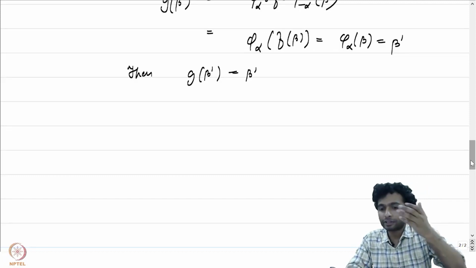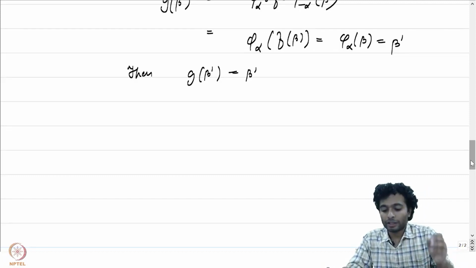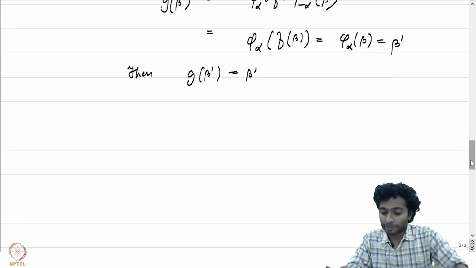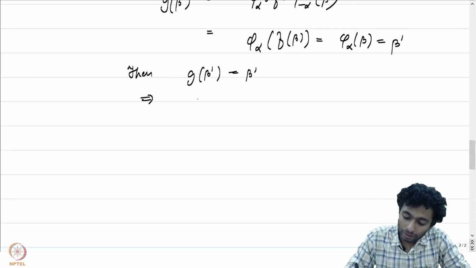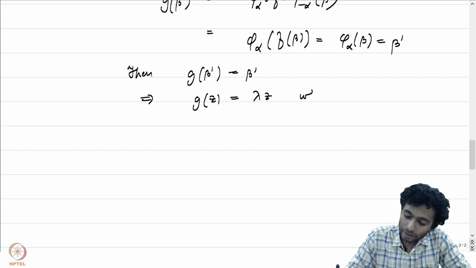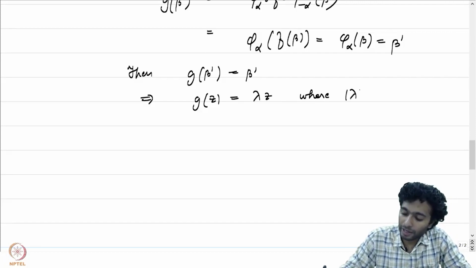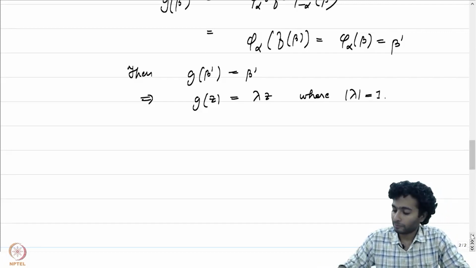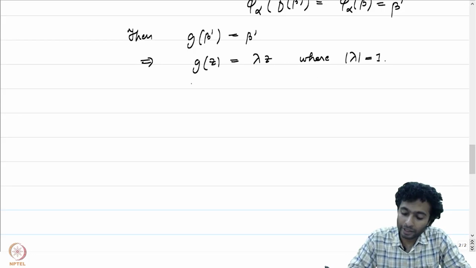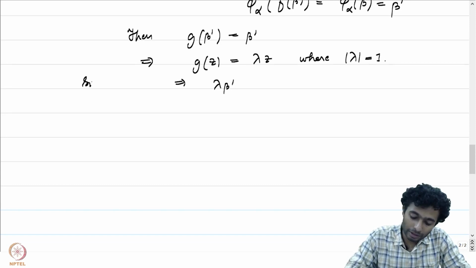And if mod g of z is equal to mod z, then that implies that g of z is equal to lambda times z, where the absolute value of lambda is equal to 1. But we also know that g of beta prime is equal to beta prime, right? So that means that lambda times beta prime, this is because g of beta prime is exactly equal to beta prime.